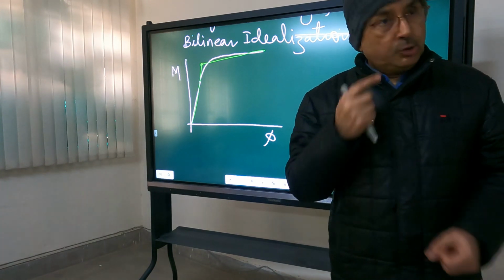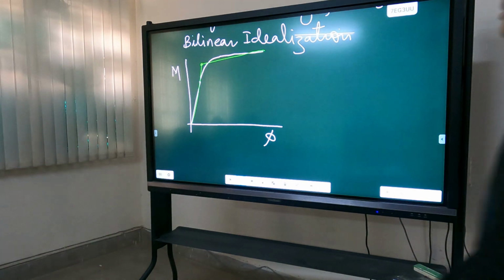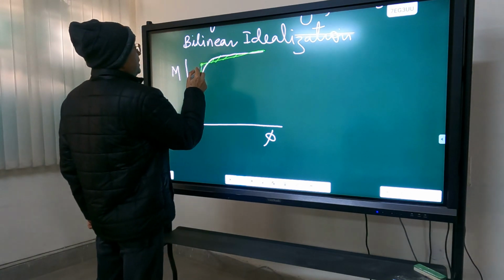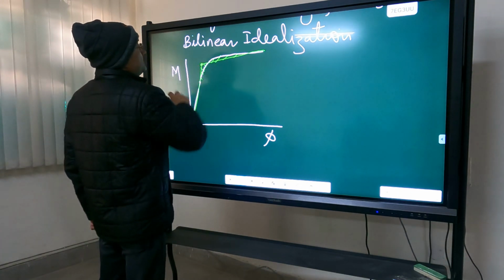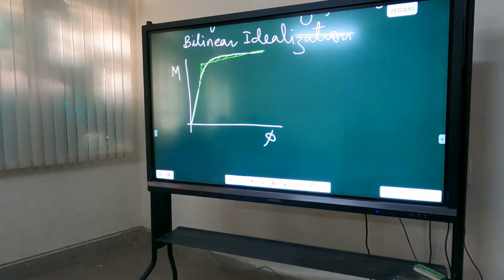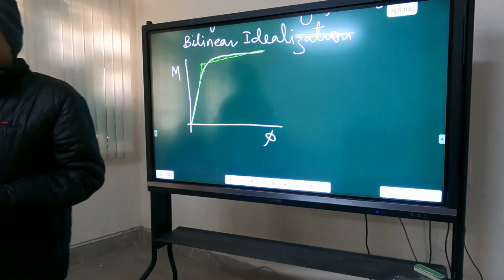So there are two conditions to define the bilinear curve. The first condition is that the area under the two curves should be the same. Because what is the area representing under the curve? The work done in loading. So the two curves should represent the same work done or the same amount of energy stored.